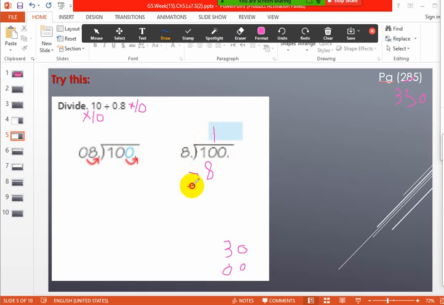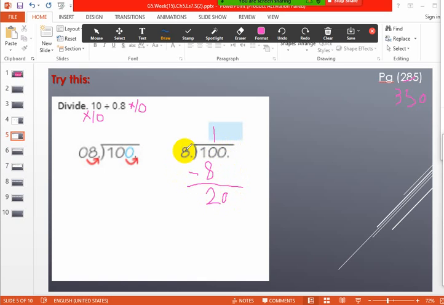Now if you subtract, 10 minus 8 equals what? Very good. What do I have to do after that? I will take the 0 down, and it will be what? 20.